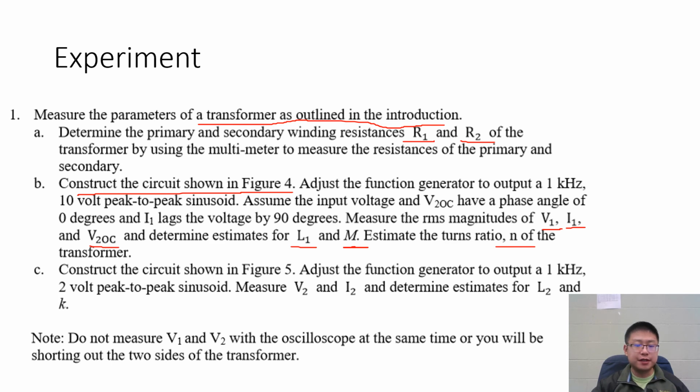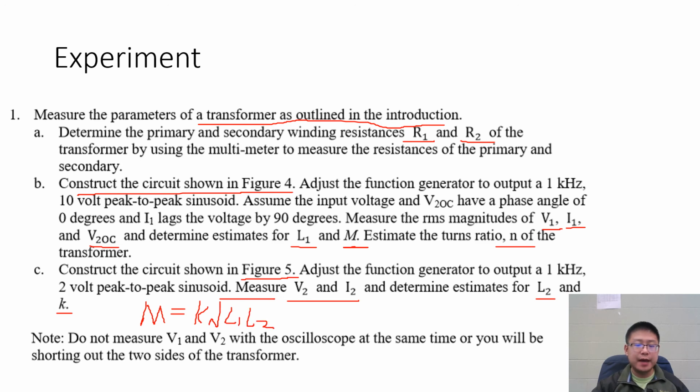Step 4 is to construct the circuit shown in figure 5. Figure 5, that is, open circuit the primary side and connect the secondary side with the function generator, and do the measurements to determine L2 and K. Here, M equals K times the square root of L1 and L2.